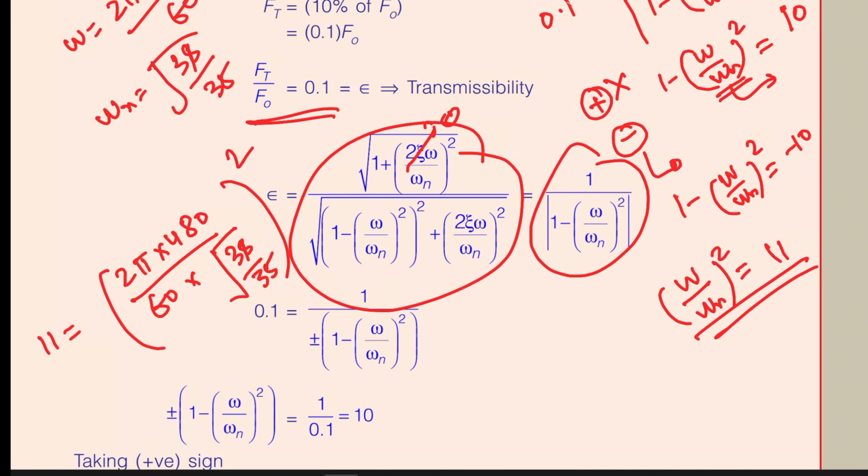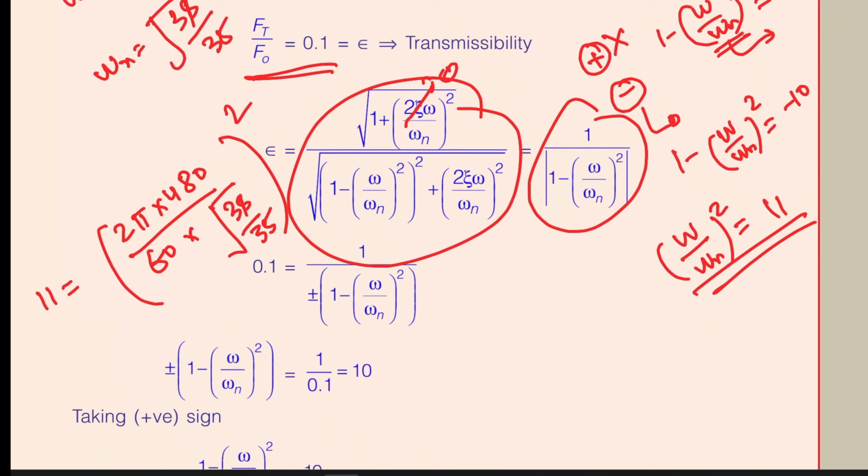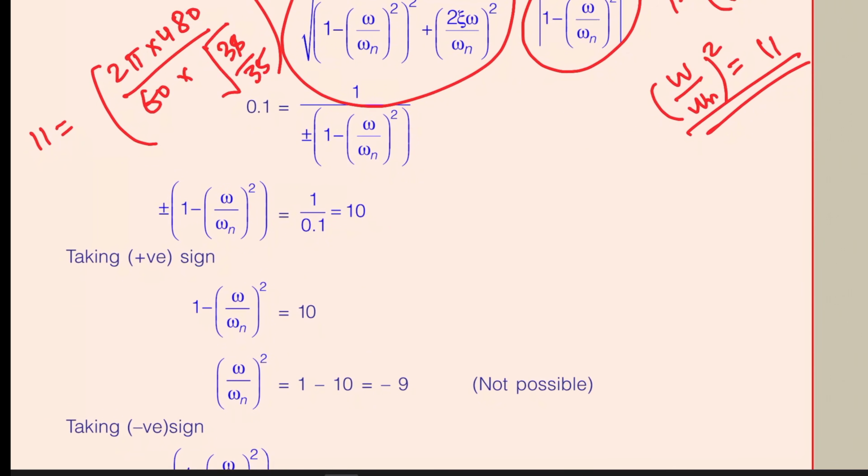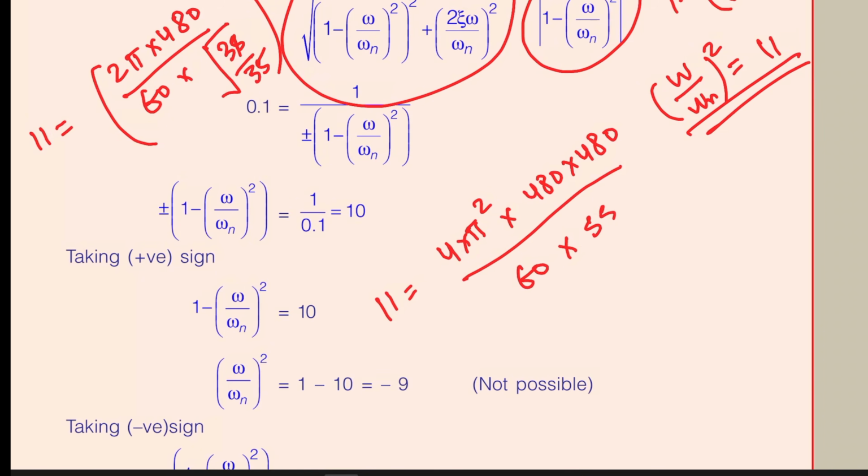That is giving me the final answer. Let's try to solve this calculation. This gives me 11 is equal to 4 times pi square multiplied by 480 square divided by 60 square multiplied by 3s, and this will be multiplied by 35, because 35 will go upside.